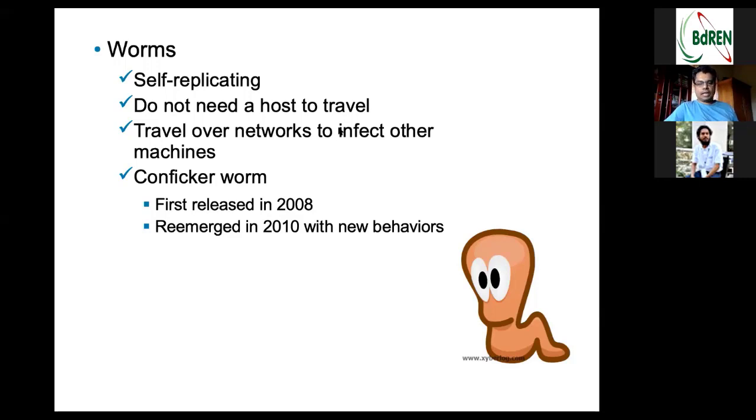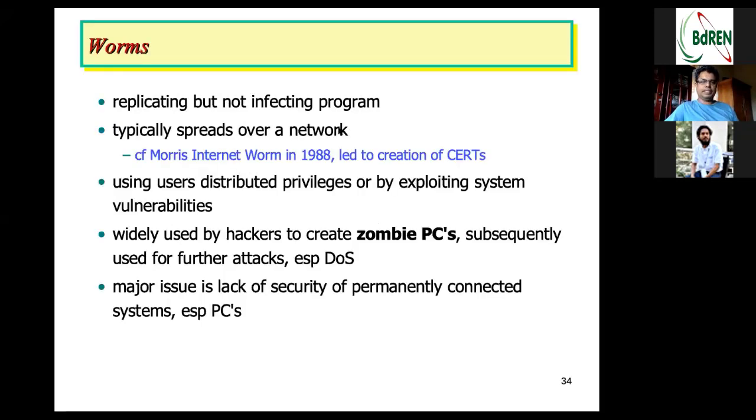From the beginning until now, there are different kinds of worms available. I mentioned some names here. Among the worms, the first worm, the Morris worm, infected the internet a long time ago, like 40 years ago in 1988.